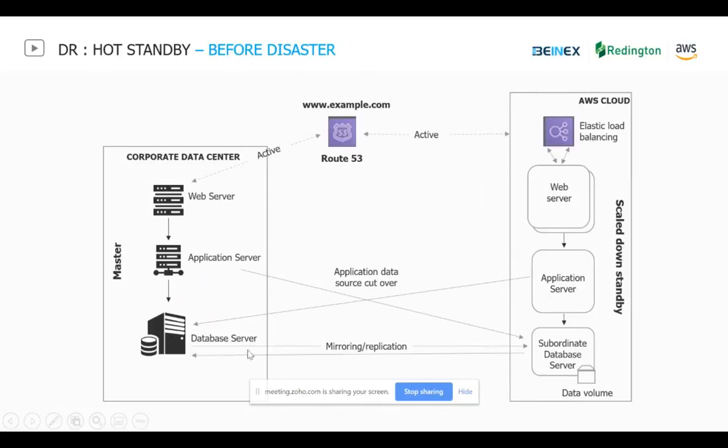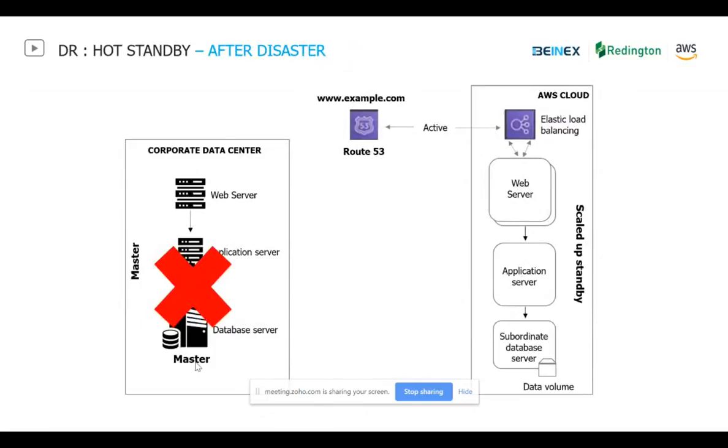If you see here, there is a 2-way mirroring and replication from primary to the DR, as well as from the DR to the primary, so that even strict RPO or RTO objectives can be achieved with it. Now let's see what happens when a disaster strikes. So it's pretty much the same as the warm standby.